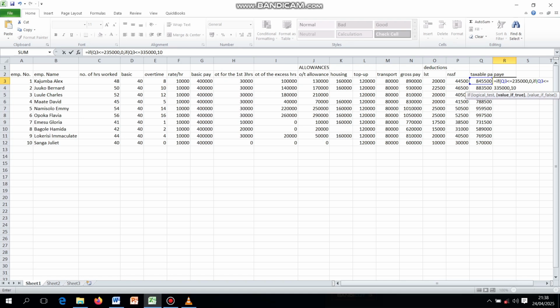The value they gave us is 10%. I will multiply it with this value, which I'm going to put in the bracket, which will be taxable pay minus 235,000.